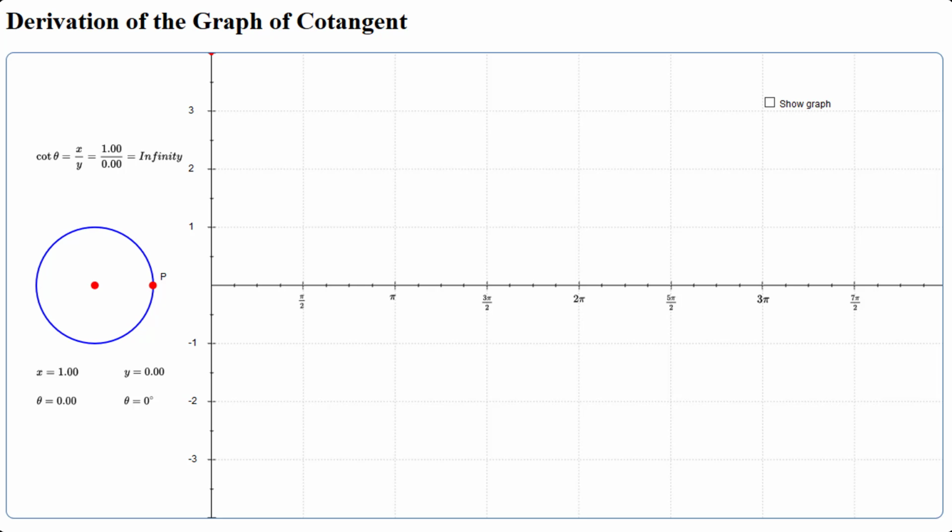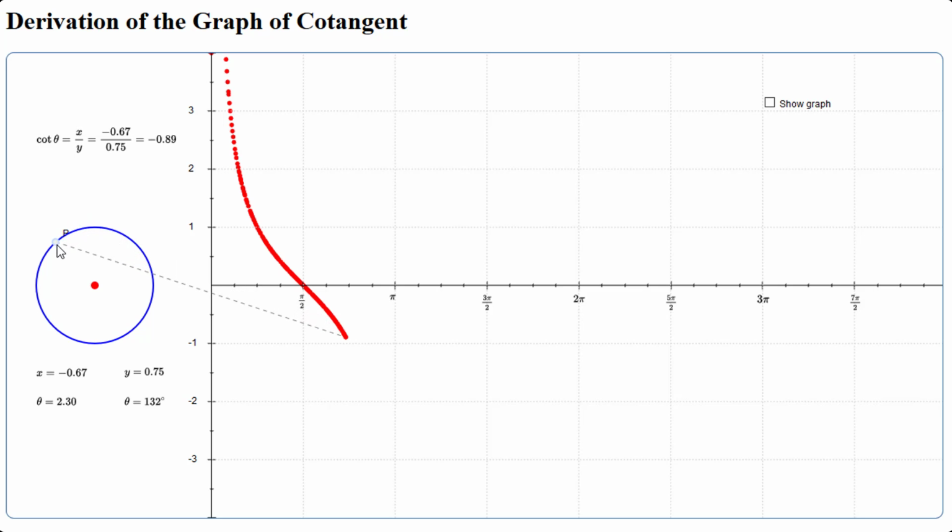Cotangent is a similar situation. If you take the point P and rotate it around your circle here, so I'll just drag that point, the only thing that changes is this is now a decreasing function. So as I get new points, the values of y are going downward instead of upward.